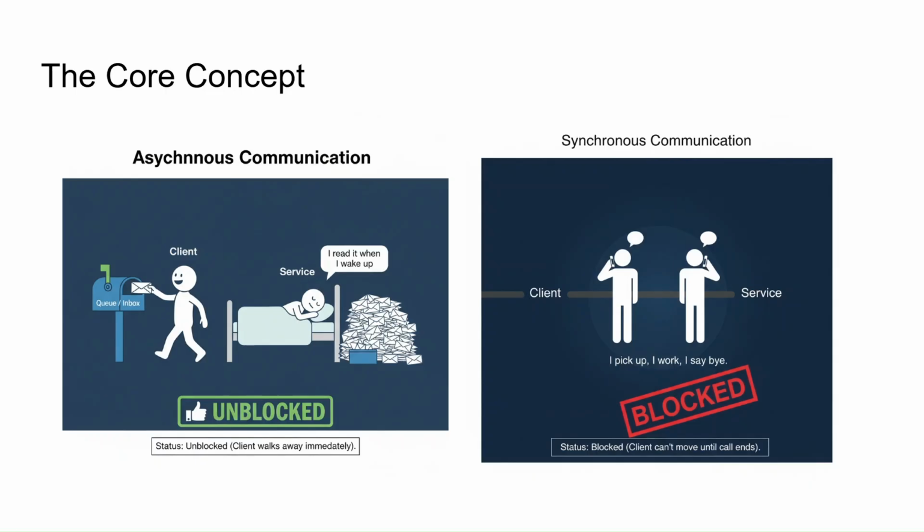So when we look at synchronous communication, as you can see on the right, let's just say, for example, you are calling someone, right? Now, you need to maintain that communication if you need to get your message across.